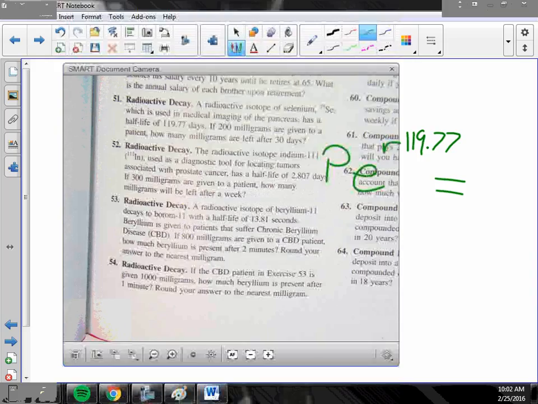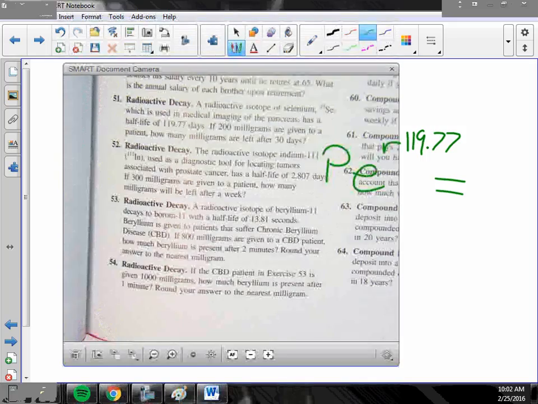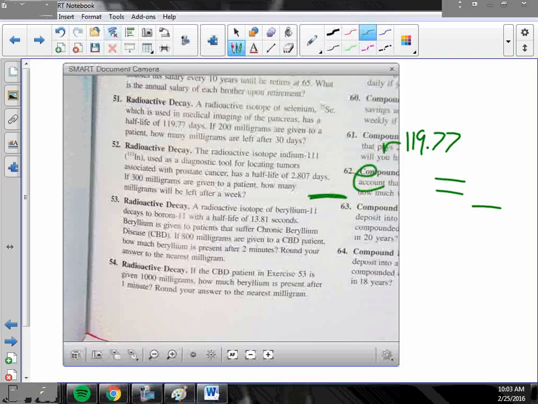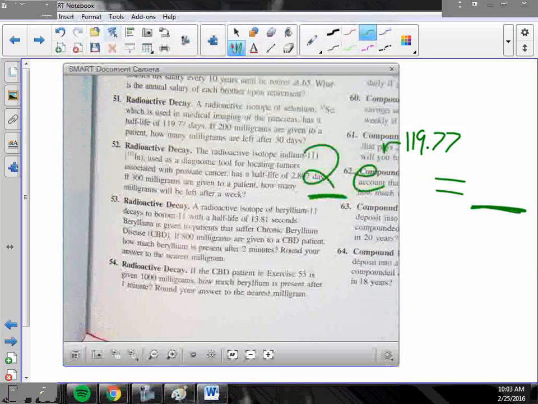I could put 200, or 2, or 8, or 1/2, or 65, or anything I wanted. What do I know about this number compared to that number? It's twice as big. So I would do what CJ wanted to do, stick a 2 here, and if that's 2, what's going to be here? 1.